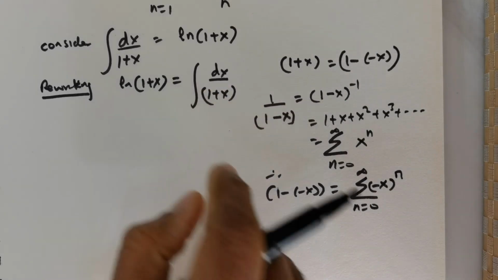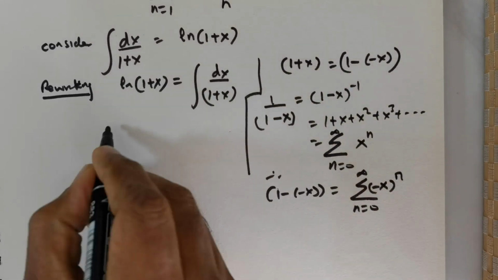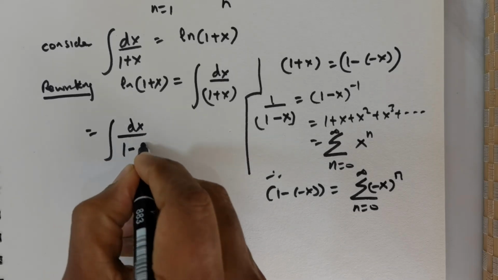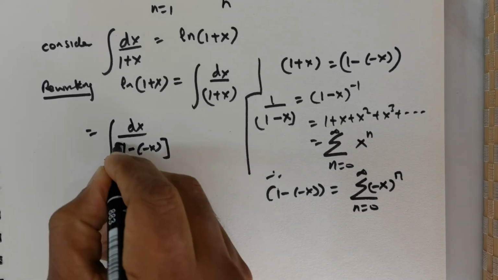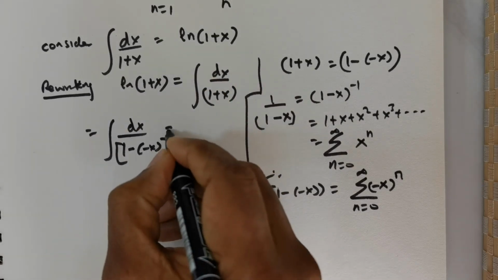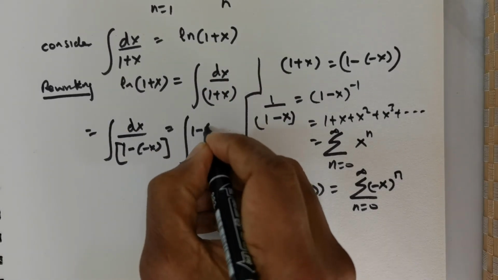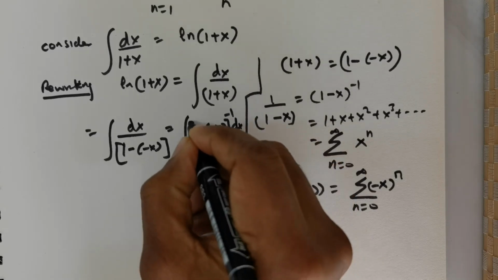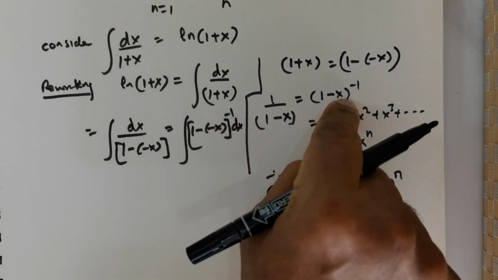So let me go back over here. I'm going to rewrite this as the integral dx over 1 - (-x). I'm going to push this to the numerator, so it's going to be (1 - (-x))^(-1) dx. So this is equivalent to this.